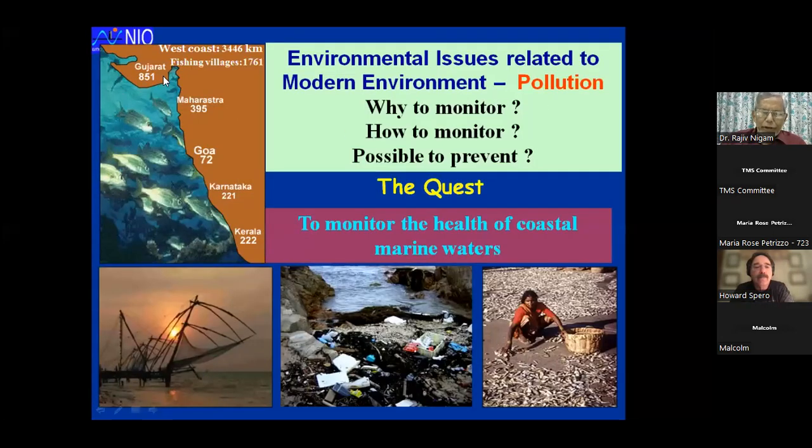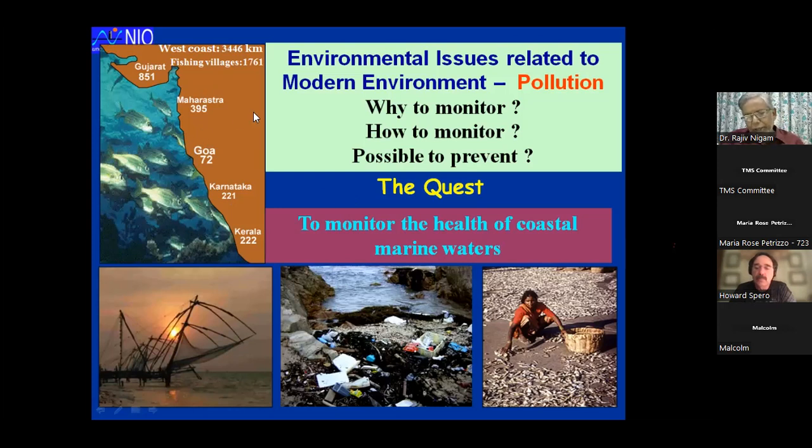You can see how many villages are along the coast, and these are fishing villages. The living of a lot of coastal people depends upon catching fish from the coastal areas. But the development of industries and cities along the coast has created a conflict of interest between those interested in development and those whose livelihood is dependent upon the sea, particularly catching fish.